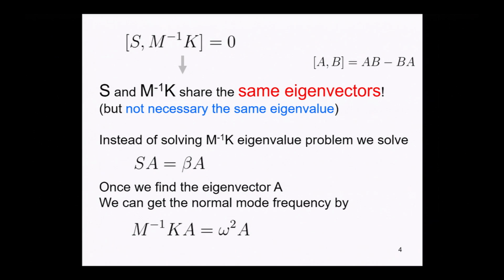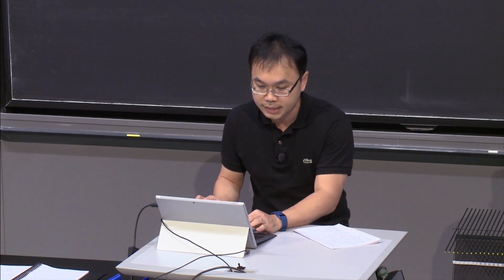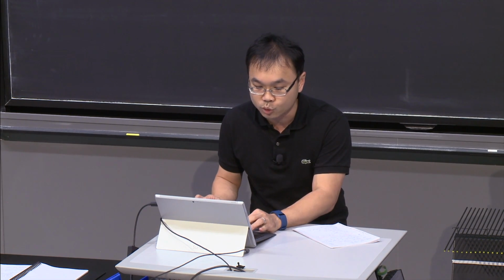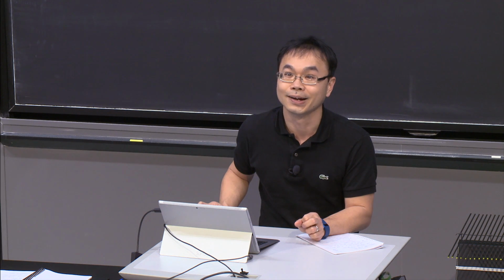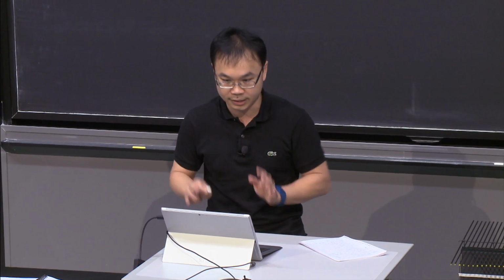And that's really making things much easier, because now instead of solving the eigenvalue problem of the M^-1 K matrix, I'm just multiplying M^-1 K times the eigenvector, then you can obtain the normal mode frequency omega. So that's the great excitement.